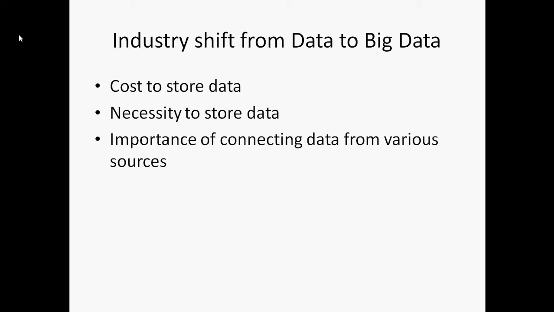The next point is the importance of connecting data from various sources. When I say various sources, one thing coming into this shift is the evolution of social media channels, right?